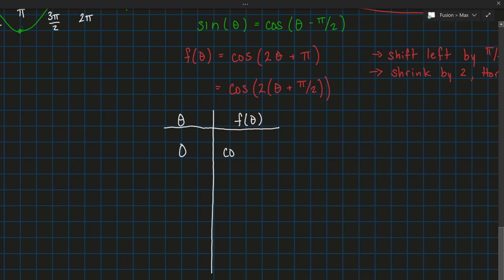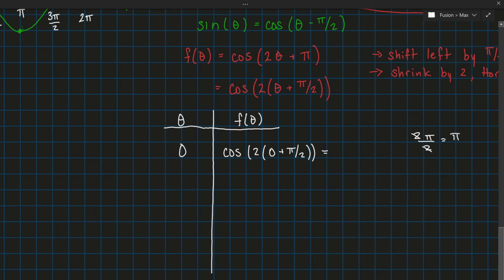So let's say we have cosine of 2 times 0 plus pi over 2. So cosine of 2 times pi over 2, what does that give us? The 2 and pi over 2 cancel, so that's pi.